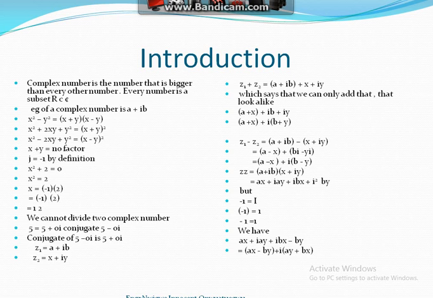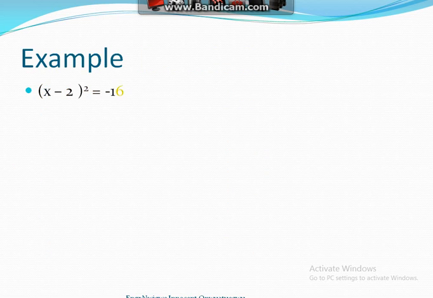Example, let's solve the equation, in bracket, x minus 2 squared equals minus 16. Solution. Removing the bracket and letting the square root go to the other side, we have x minus 2 equals the square root of minus 16. Minus 16 is minus 1 times 16.